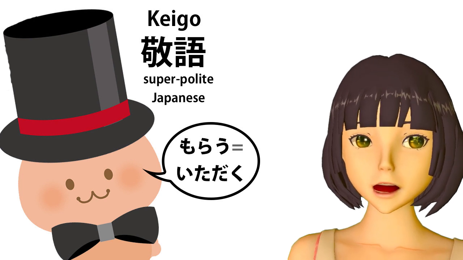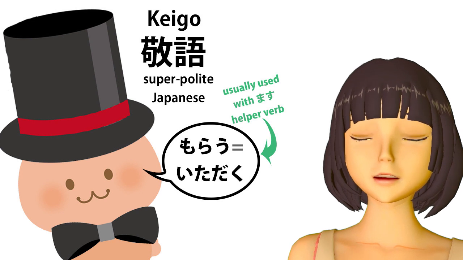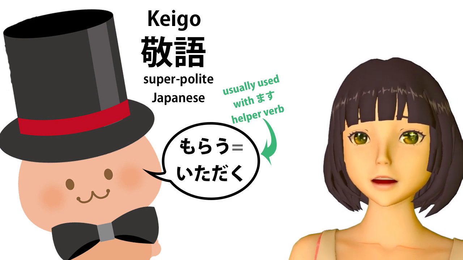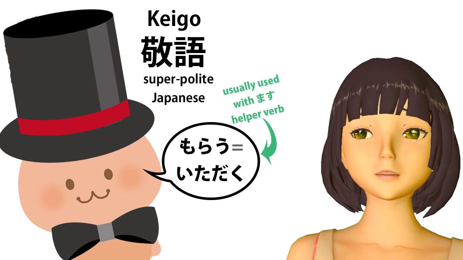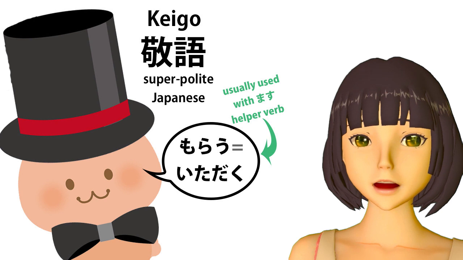Because it's hyper-polite, it's usually used in masu form, so it's usually itadakimasu. And undoubtedly you'll be familiar with that as being the thing people say before they eat. Itadakimasu. But what it literally means is something like, I humbly receive.